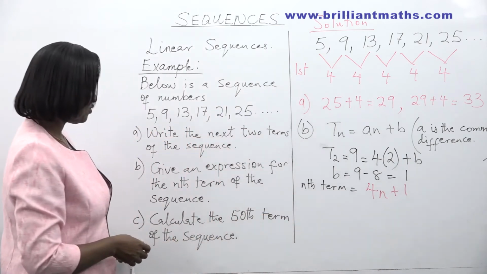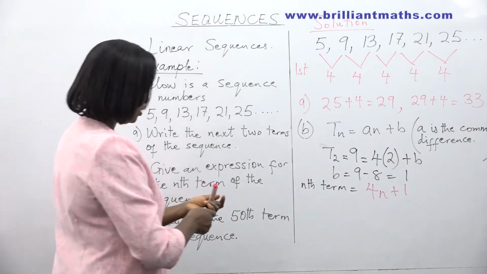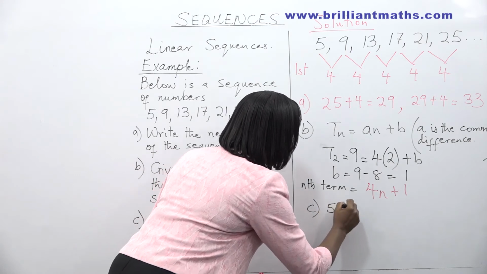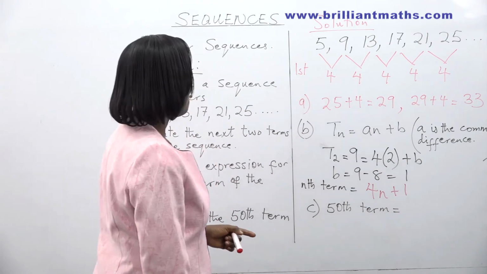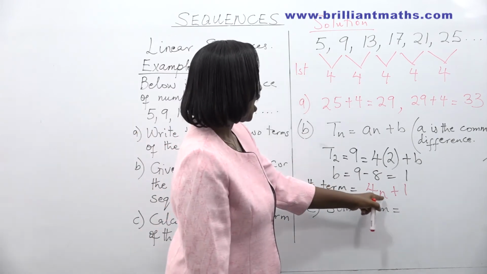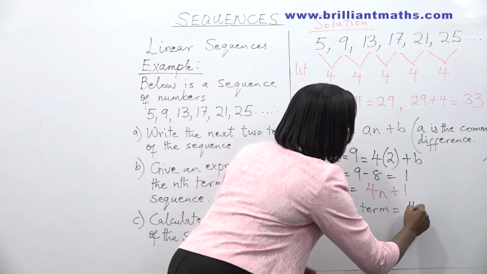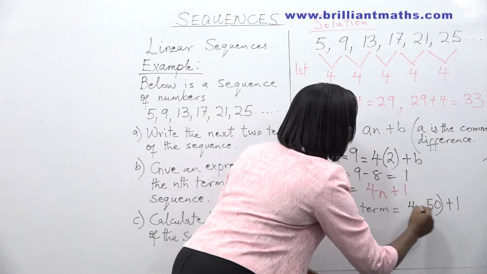Let's calculate the 50th term of the sequence. That just means that n is 50. So C, 50th term is equal to 4n plus 1. 4 times 50 plus 1.